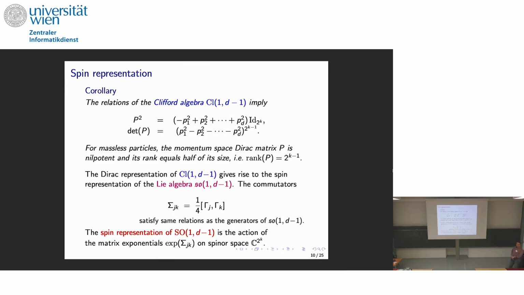Very good. Now, Melissa and I never studied Clifford algebras, but we did study Lie algebras, like SO(n), for example. So how do we get from the Clifford algebra to the Lie algebra? The Dirac representation, the one we discussed in the last 5 minutes, gives rise to the so-called spin representation of the Lie algebra, little so(1, d-1). Let me say a word about Lie groups and Lie algebras.